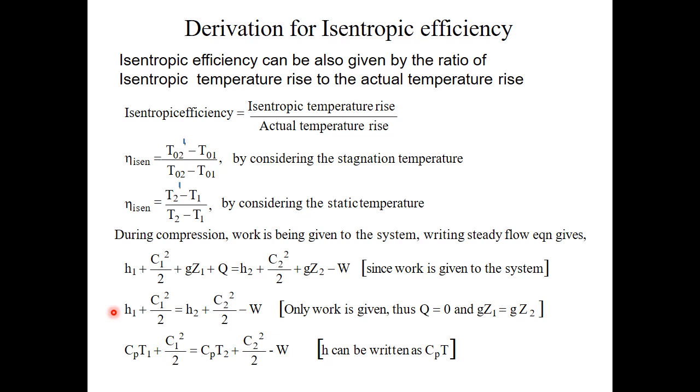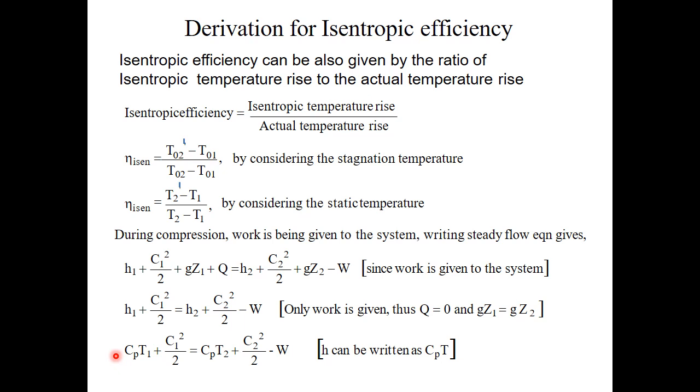Now we know that only work is given, there is no heat transfer, so Q will become 0, and assuming section 1 and section 2 are at the same level, we can write gZ1 equal to gZ2, so that our equation will be reduced to H1 plus C1 square by 2 equal to H2 plus C2 square by 2 minus W.